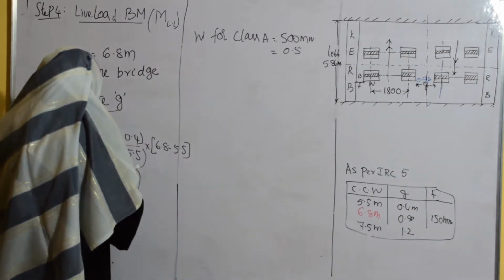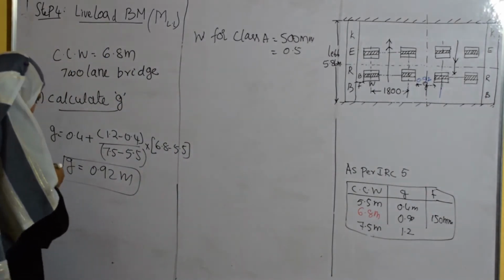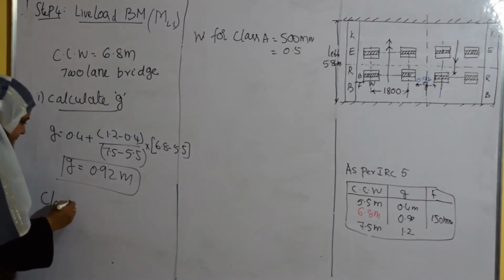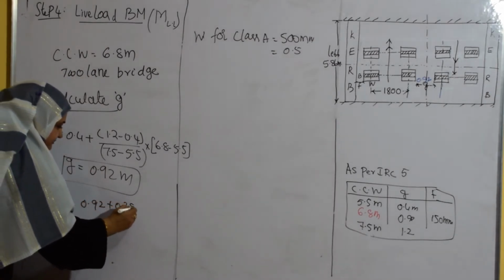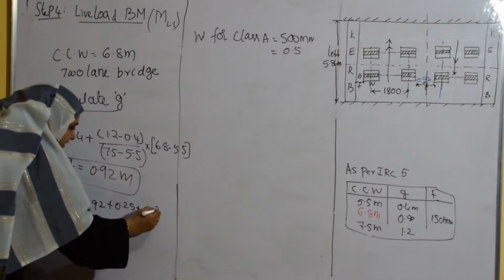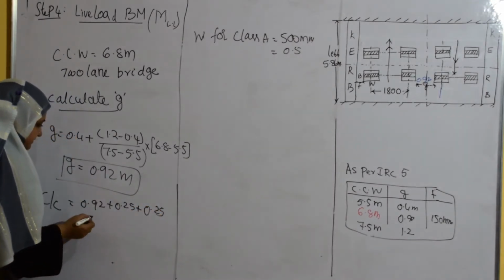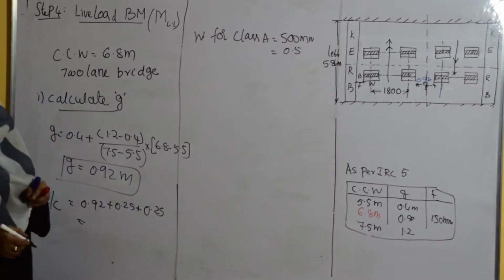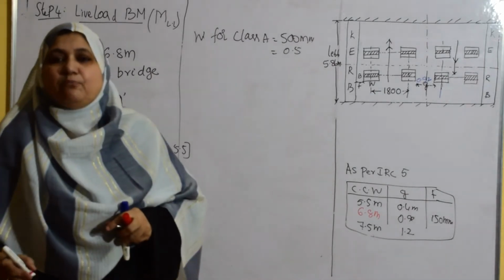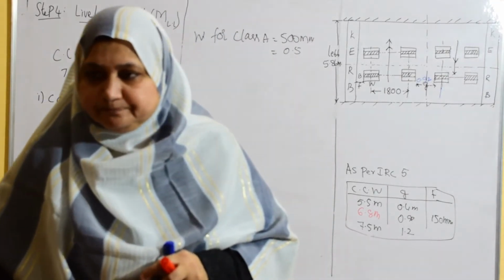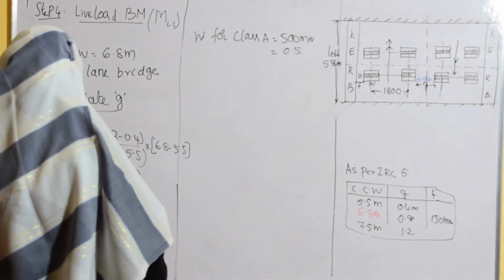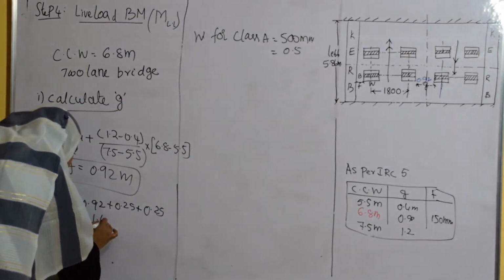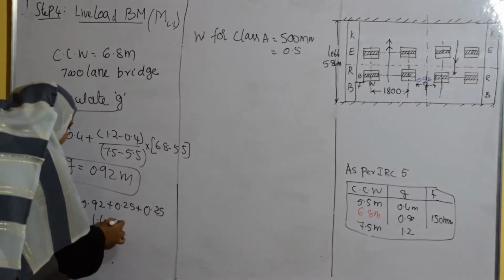So center to center is 0.92 plus 0.25 plus 0.25, that is 0.5 plus 0.92, which comes to 1.42 meters.